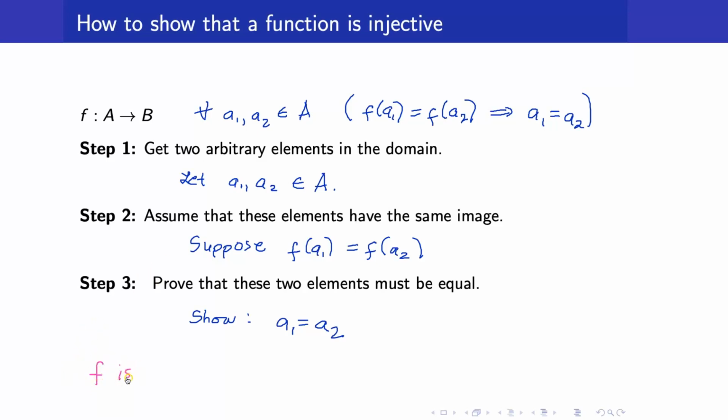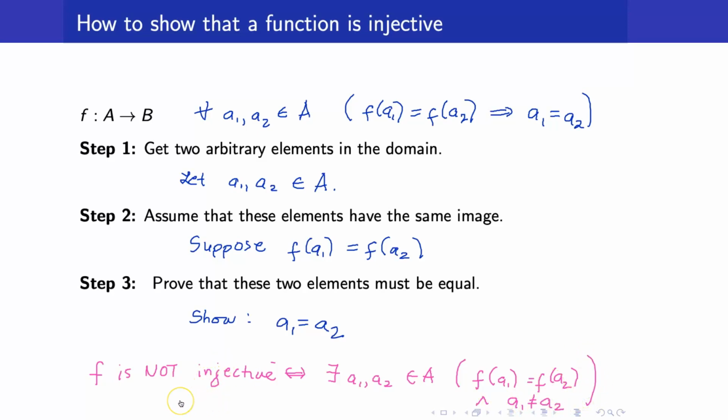So f is not injective if and only if, our quantifier here is for all, so therefore this becomes there exist two elements in the domain such that these are the same, f of a1 is the same as f of a2, but, so that's and, they are distinct. So this means that all you have to do is to give a counterexample to show that a function is not injective.